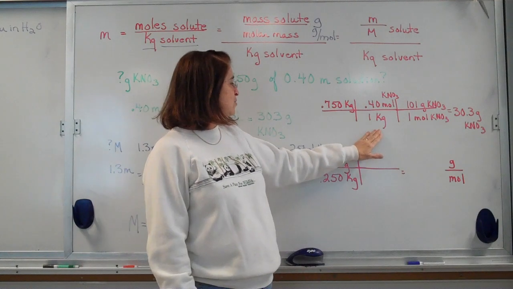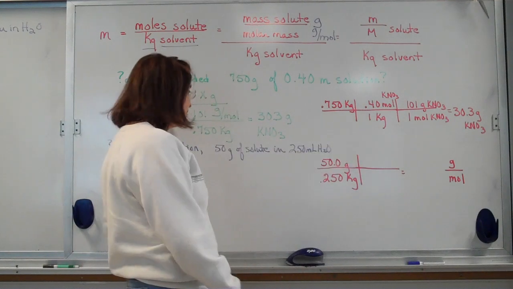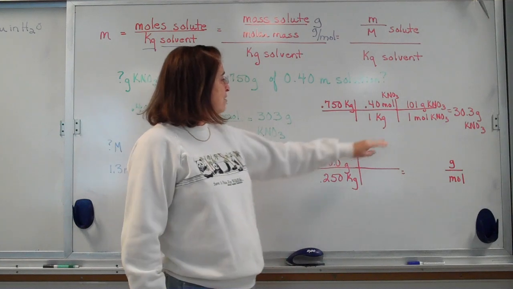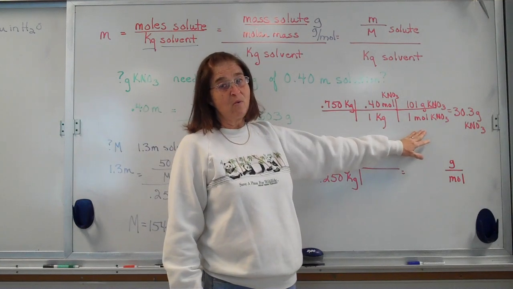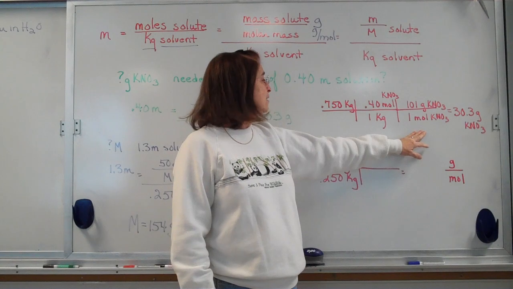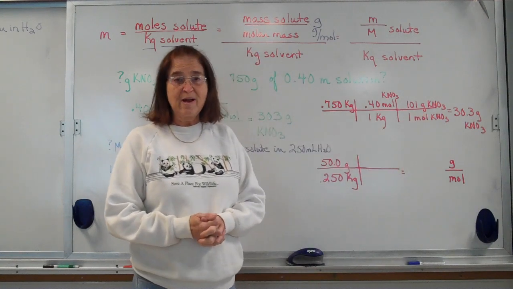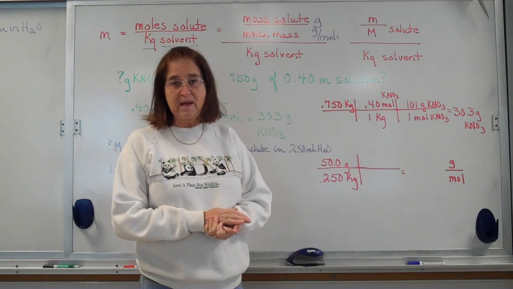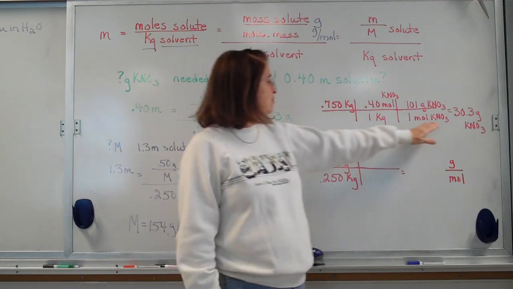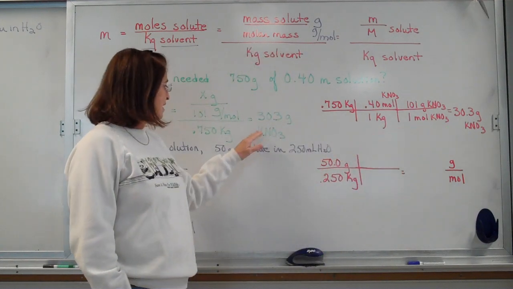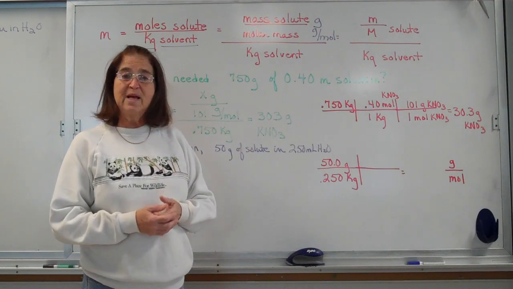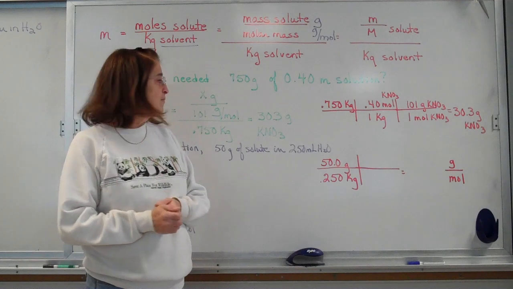So my kilograms will cancel out, leaving me with moles of KNO3. I also know from the periodic table that 1 mole of potassium nitrate is 101 grams of potassium nitrate. All my units cancel. When I do the math, it gives me the same number: 30.3 grams of potassium nitrate are needed.